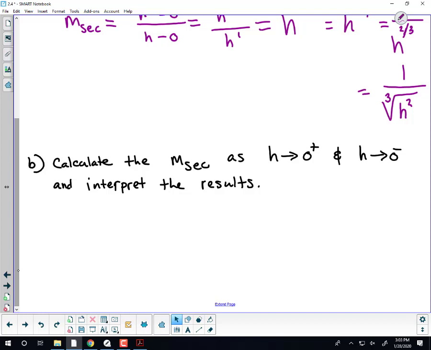Okay. So there's the slope of our secant line, 1 over the cube root of h squared. We're just going to compute this limit. What's the limit as h approaches 0 from the right on the slope of our secant line?